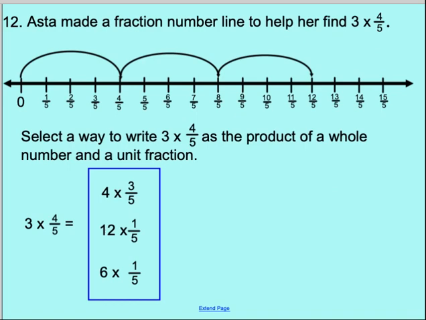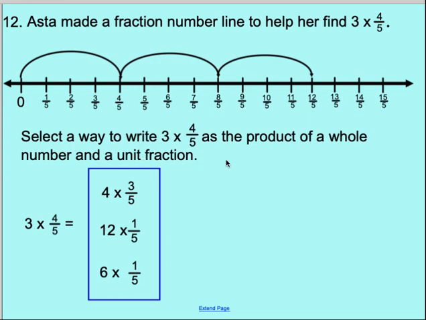Asta made a fraction number line to help her find 3 times 4/5. Select a way to write 3 times 4/5 as the product of a whole number and a unit fraction. Okay, so a unit fraction is a fraction that has 1 as the numerator. Uni means 1, like a unicycle has 1 wheel, right?